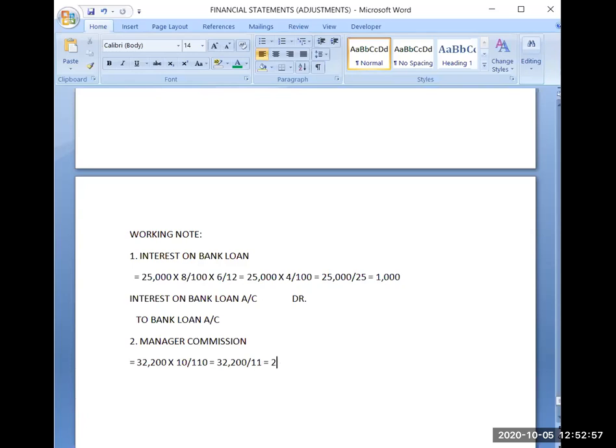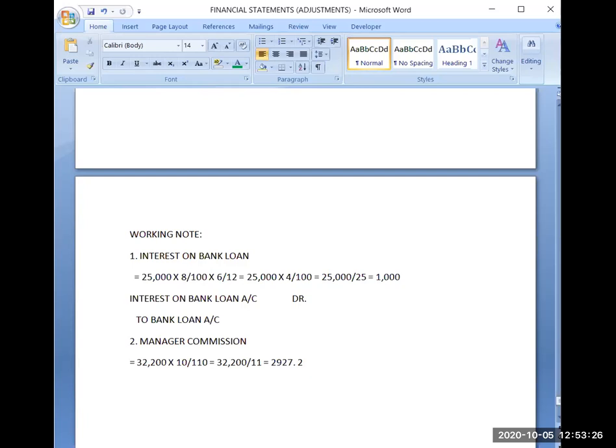Then remainder will be 10, 102. So 11 nines are 99. Remainder will be 3. Then it will become 30. So again 11 twos are 22. Remainder will be 8 and it will become 80. 11 sevens are 77. Then remainder will be 3. Then point I will use. So 11 twos are 22. It will come like this.